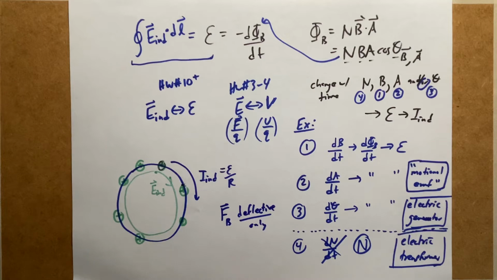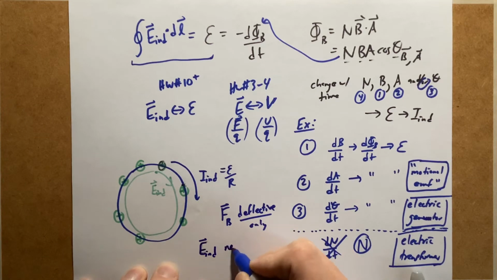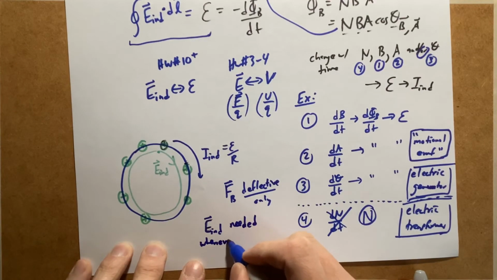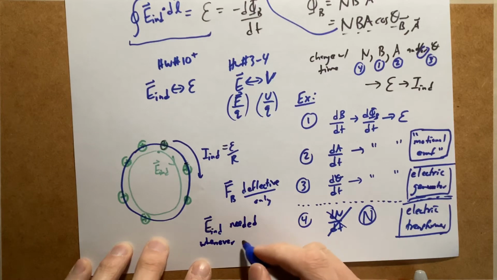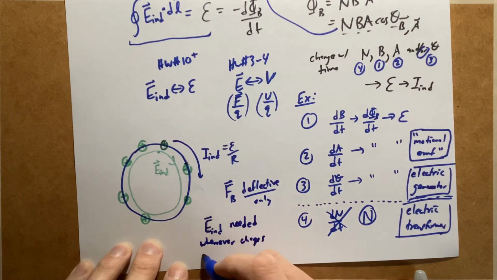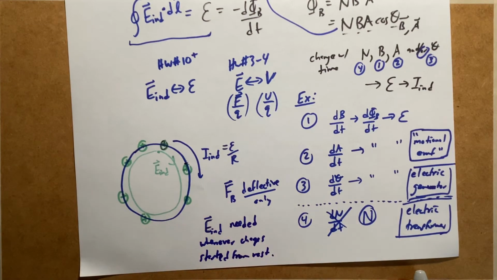So essentially, the rule here is that E induced is needed whenever, from your perspective, the charges started from rest. The only thing that can pick up charges from rest is an induced electric field.